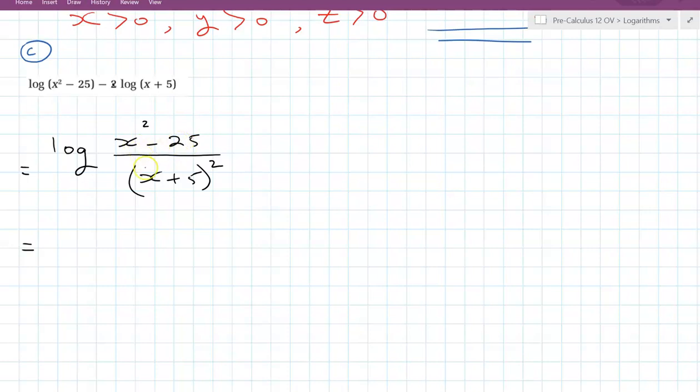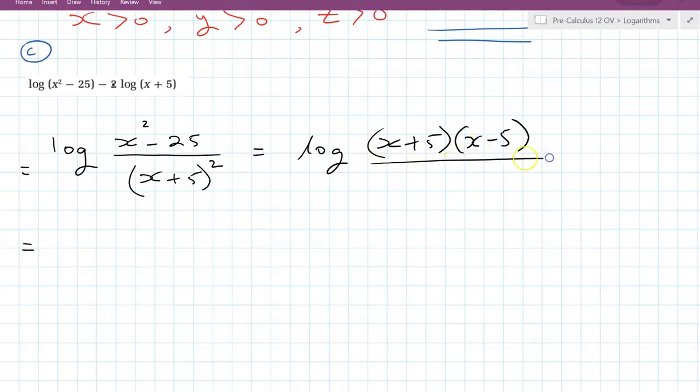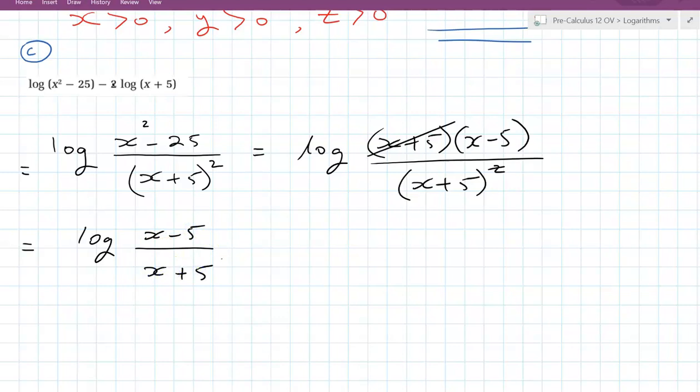So remember, that's the difference of squares. So the bottom piece, I can rewrite it as log of x plus 5 x minus 5 all over x plus 5 squared. So one of these x plus 5 can divide, so we have log of x minus 5 divided by x plus 5.